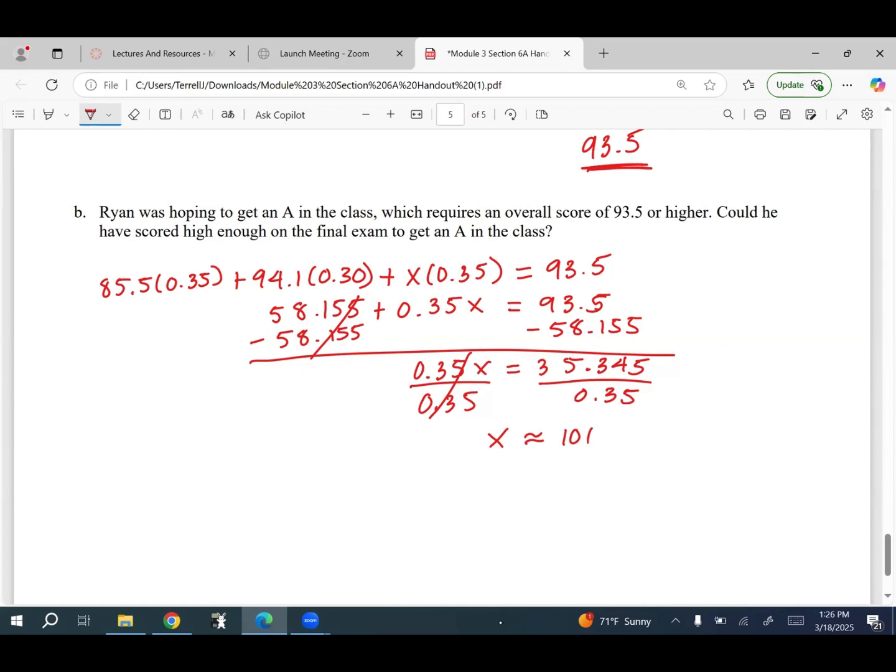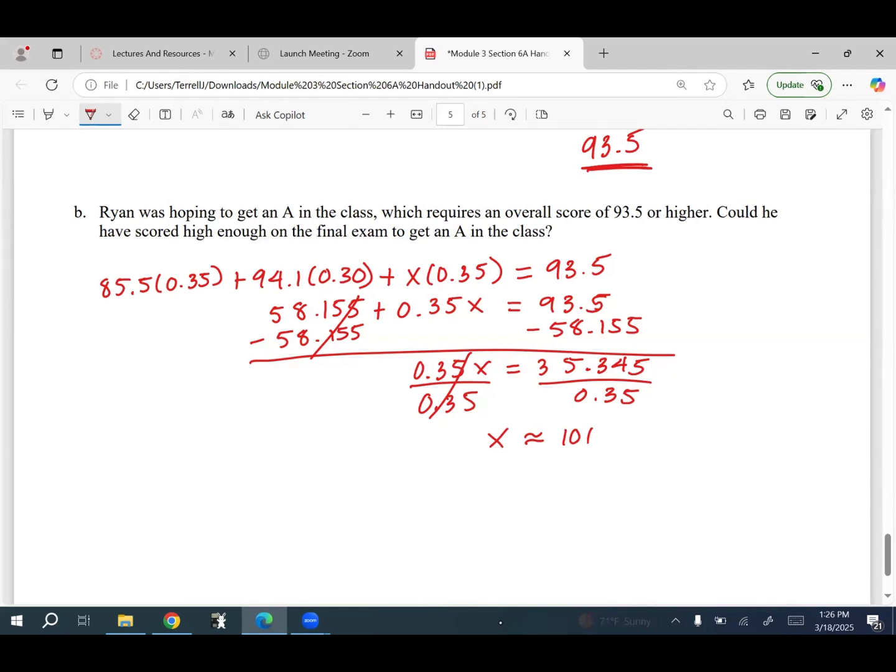Now, let's think about what this means. What this means is, in order for him to receive a 93.5 in the class, he needs to get 101 score on the final. And so the question is, could he have scored high enough to get the A, to get the 93.5?